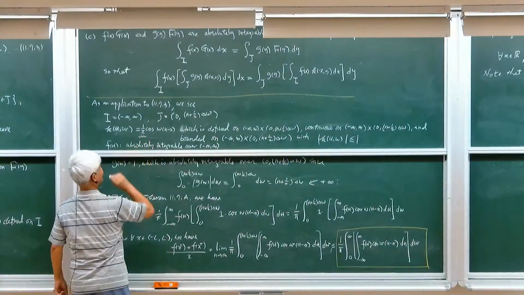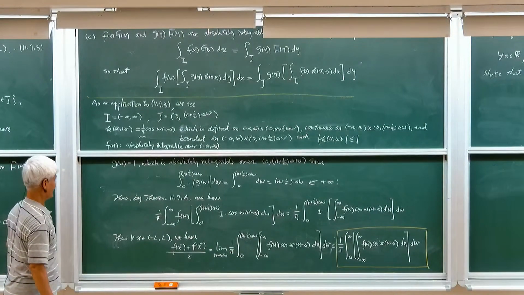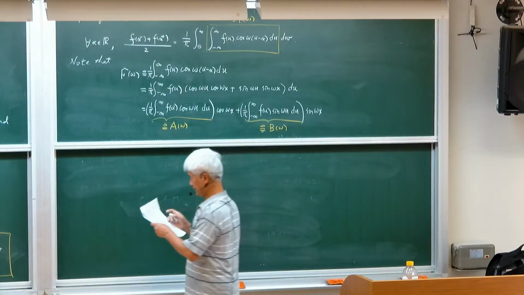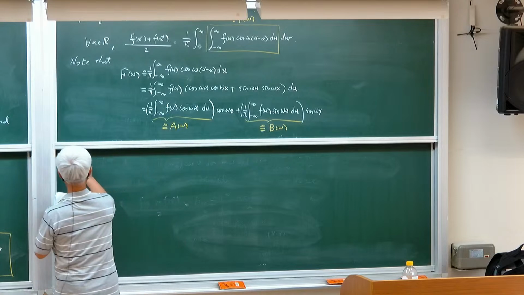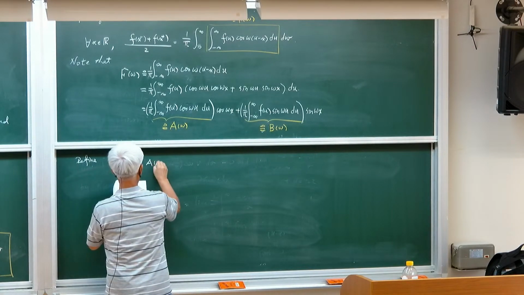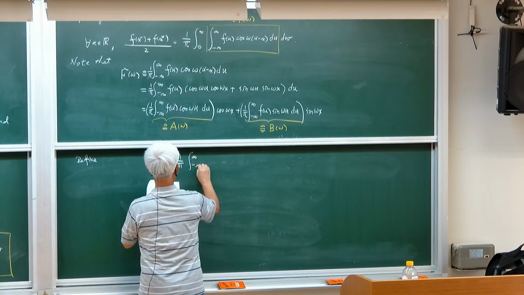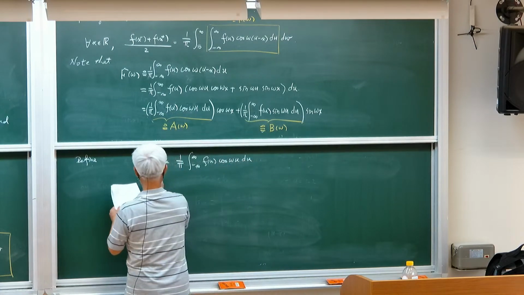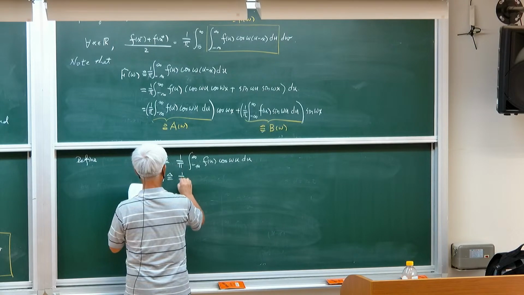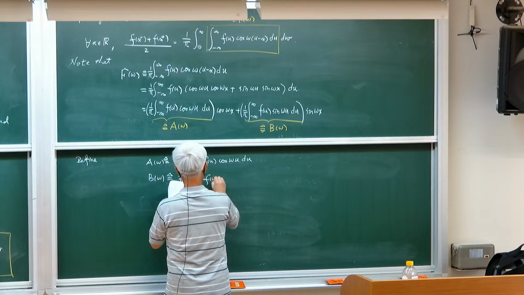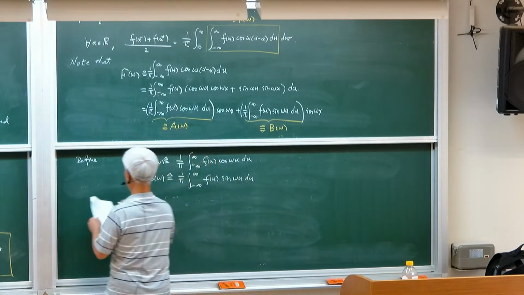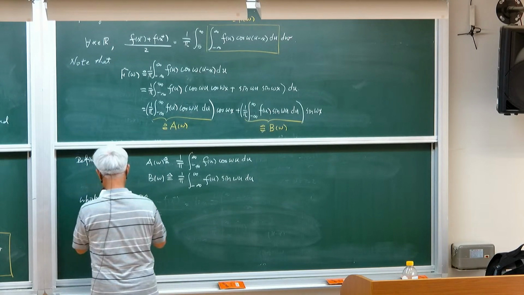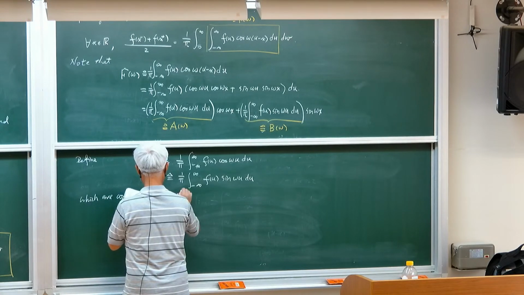All right, so with this definition, we define A omega to be 1 over pi integral of f of u cosine omega u du, and B omega defined to be 1 over pi integral from minus infinity to infinity of f of u sine omega u du, which are continuous on 0 to infinity.